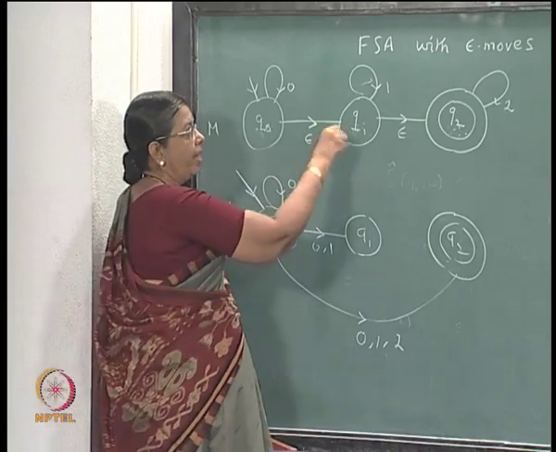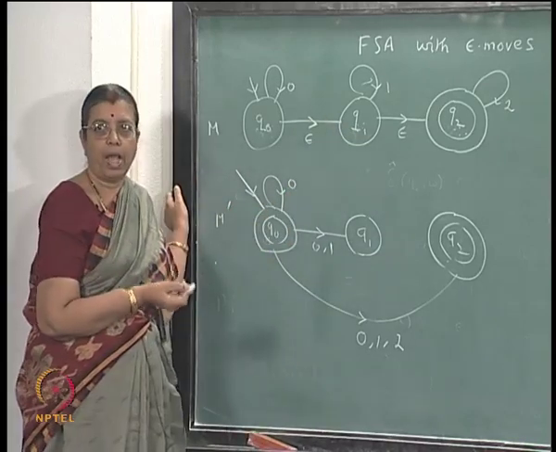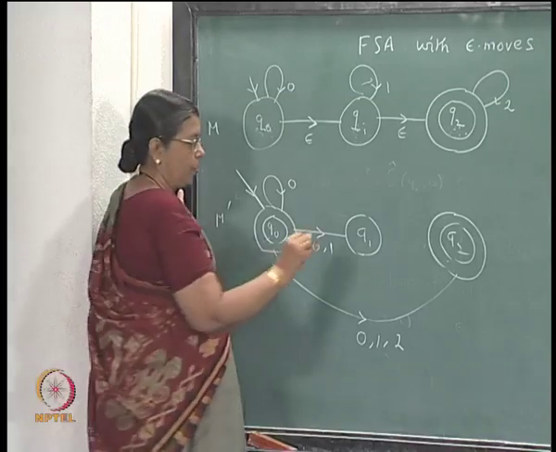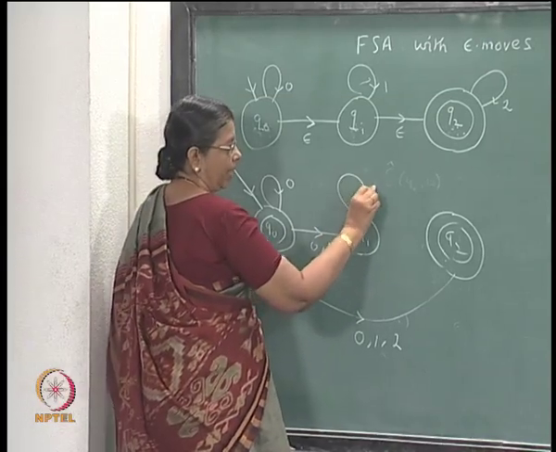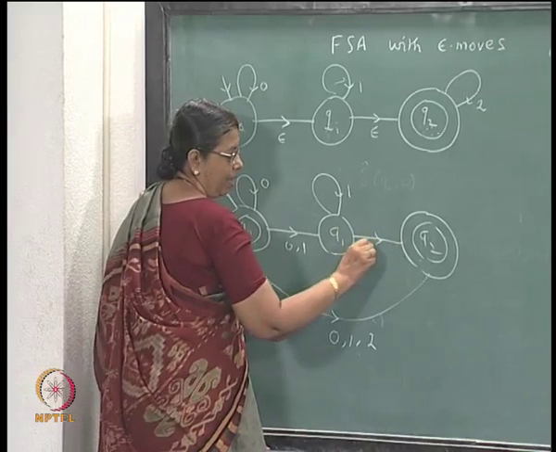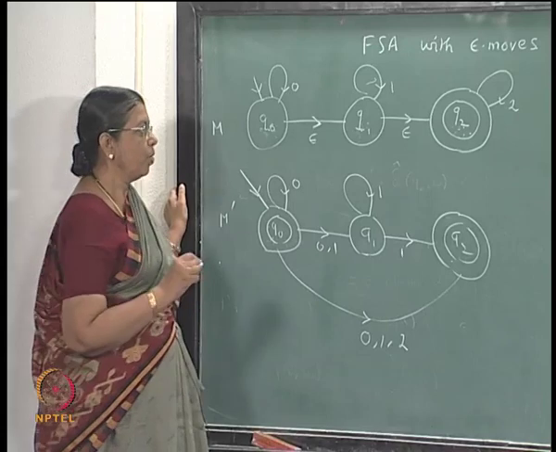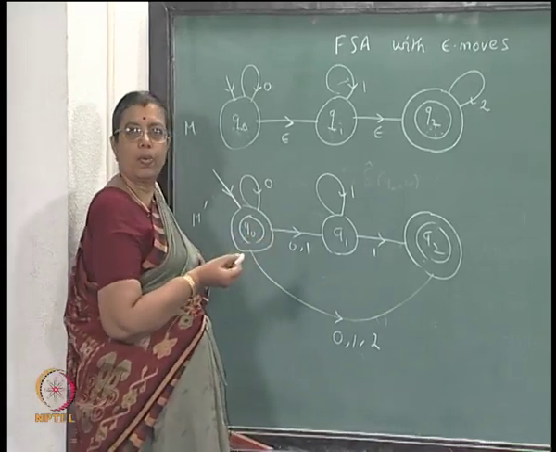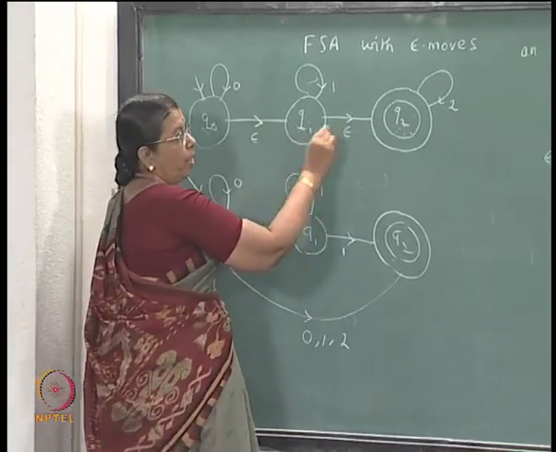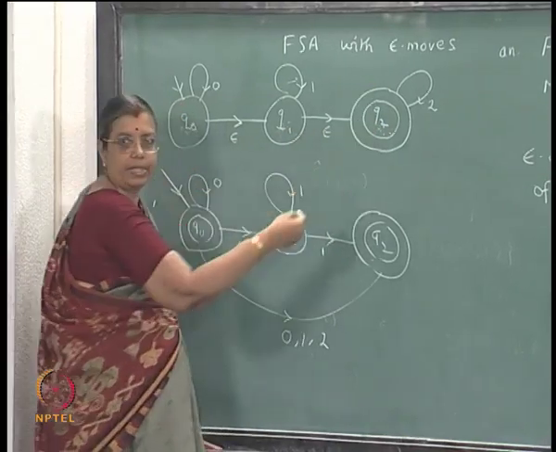From q1 after reading a 1, where can you go? Either q1 or q2. So, there will be an arc with label 1 here, there will be an arc with label 1 here. From q1 if you read a 2, where can you go? From q1 you can go to q2 and read a 2, is it not?